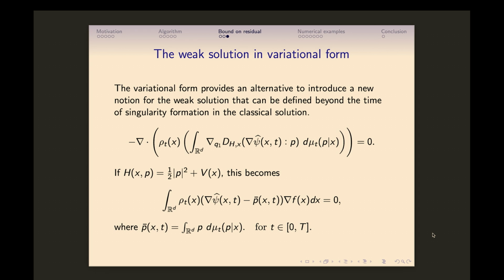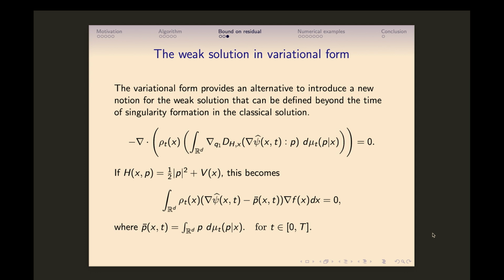This is not the typical way that you understand the weak solution or the viscosity solution. And I think Zhou, who is in the audience, has a very interesting understanding, and he wrote a note that we didn't include in the paper, explaining how this formulation is related to the viscosity solution.